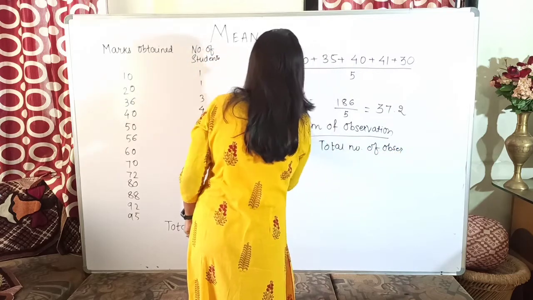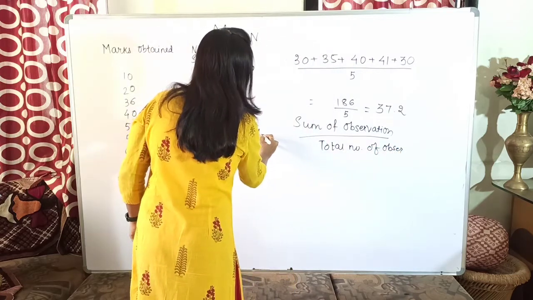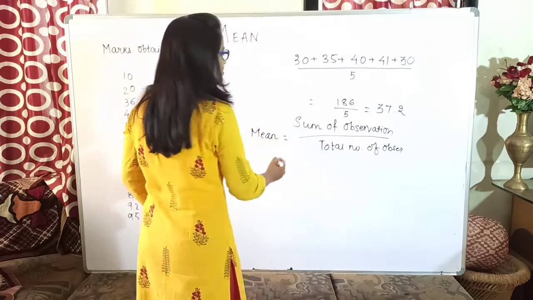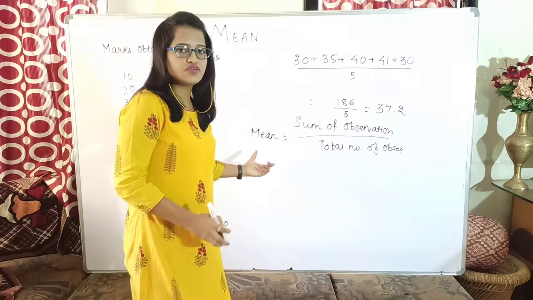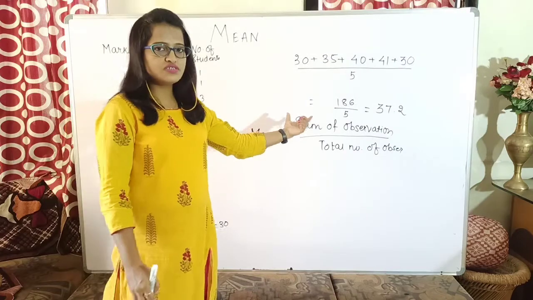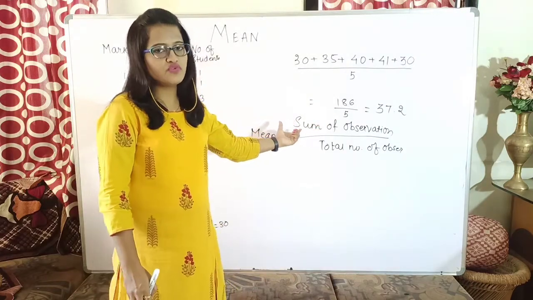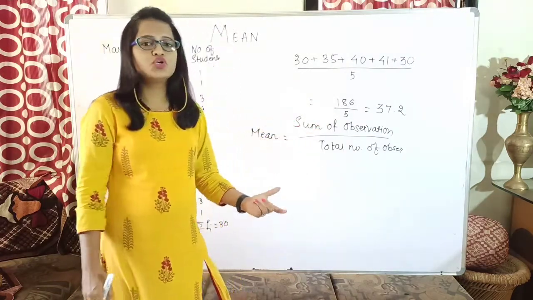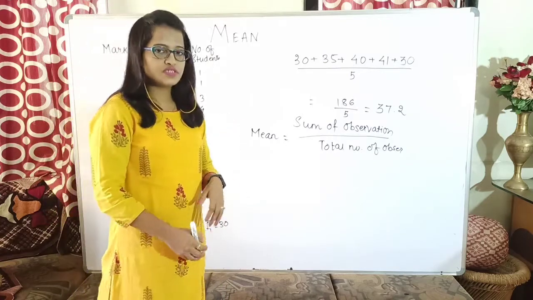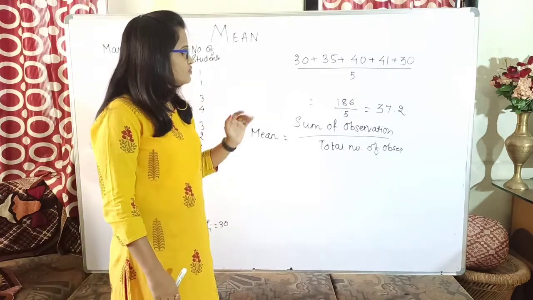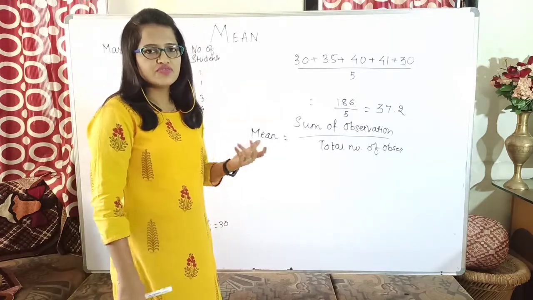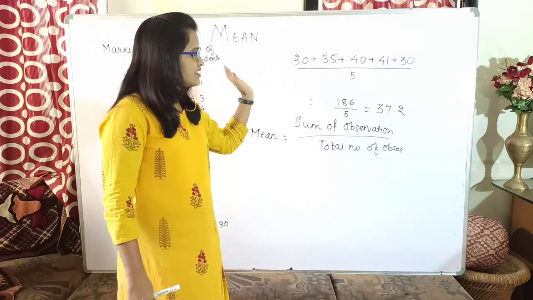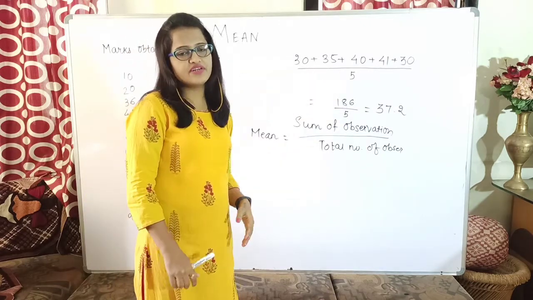This is the formula for calculating the mean of any observation: the sum of all the observations divided by the total number of observations. Here the number of observations was only 5, so it was very easy. I directly added all the values and divided by 5.